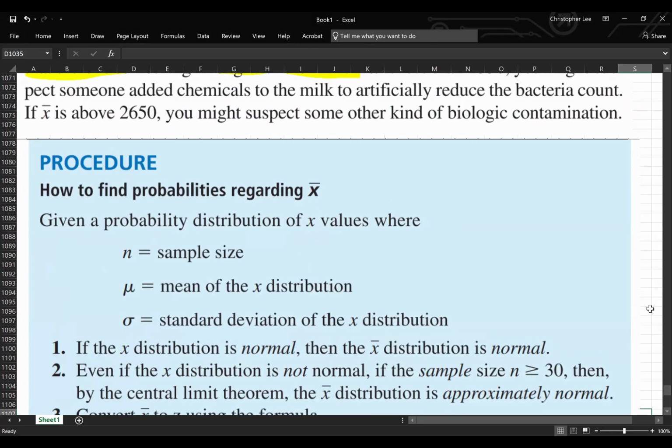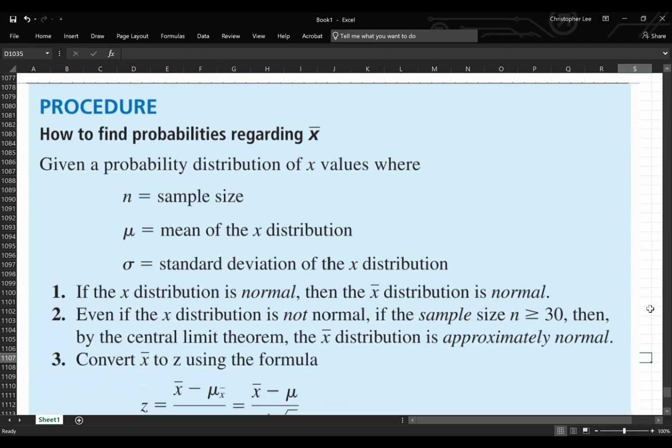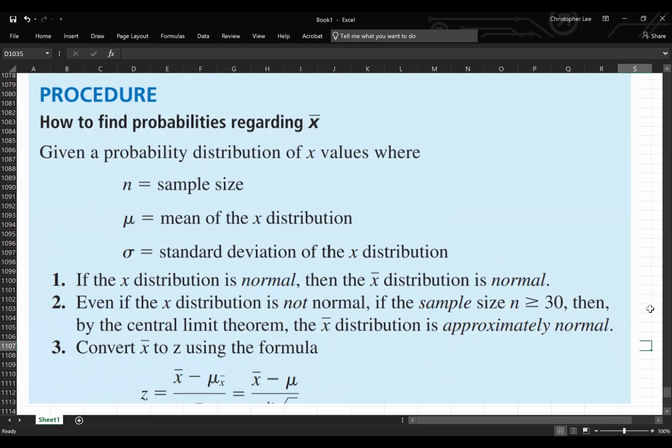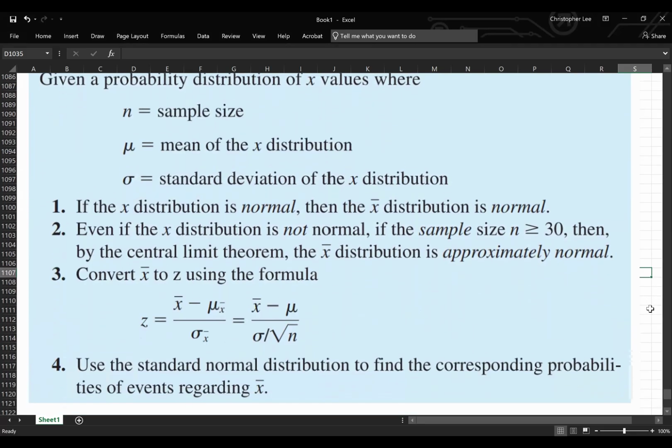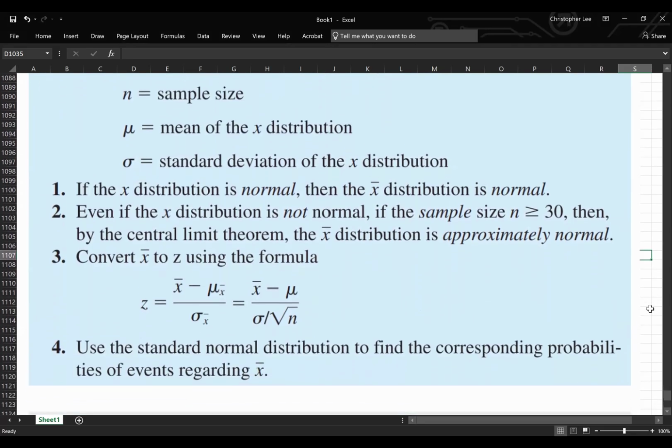Okay, so here's a procedure for how to find probabilities regarding X bar. Given a probability distribution of X values where N is the sample size, mu is the mean of the X distribution, and sigma is the standard deviation of the X distribution: if the X distribution is normal, then the X bar distribution is normal.